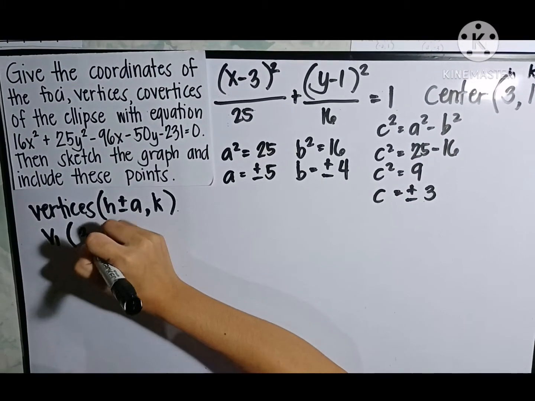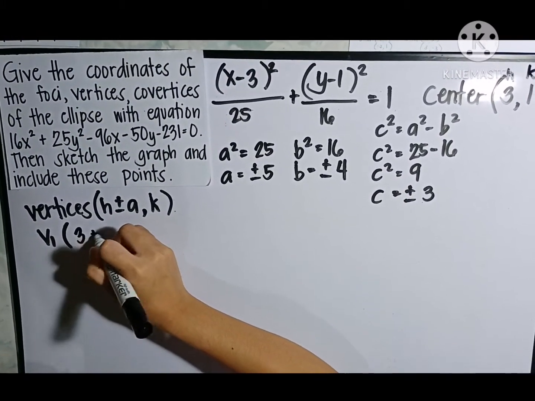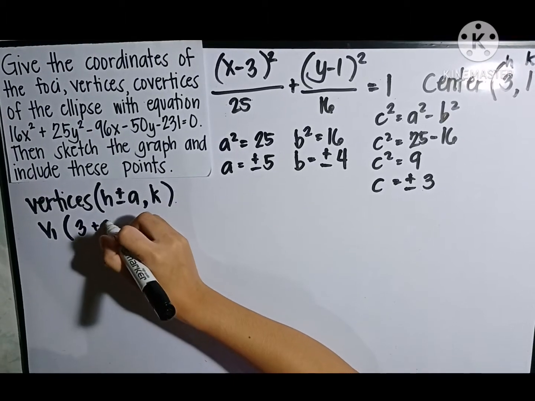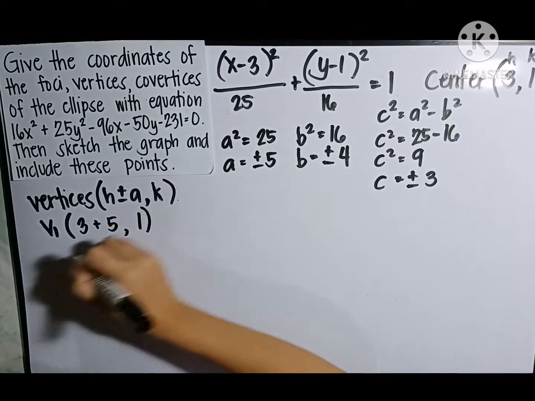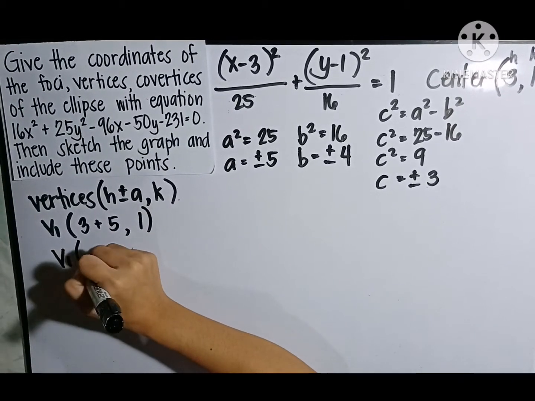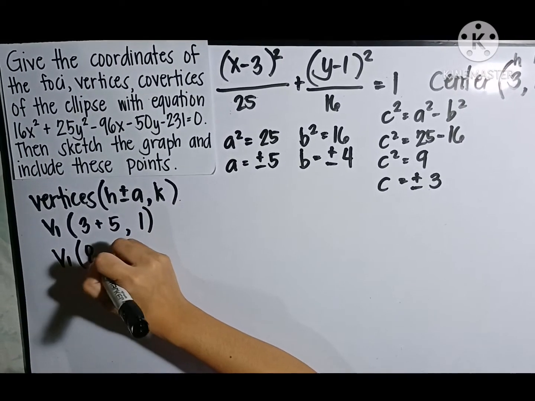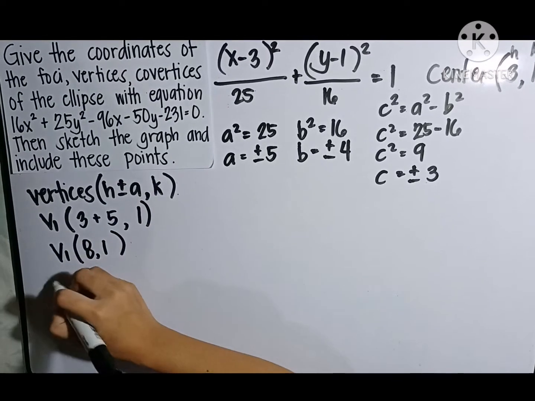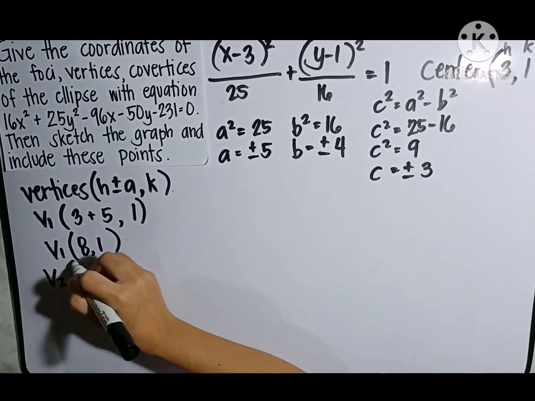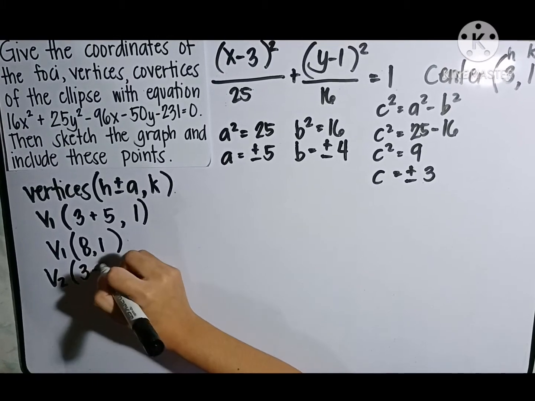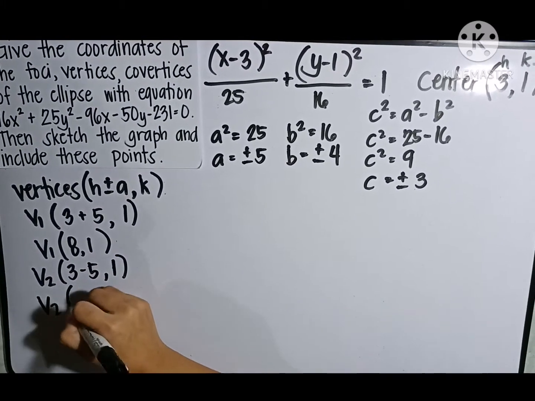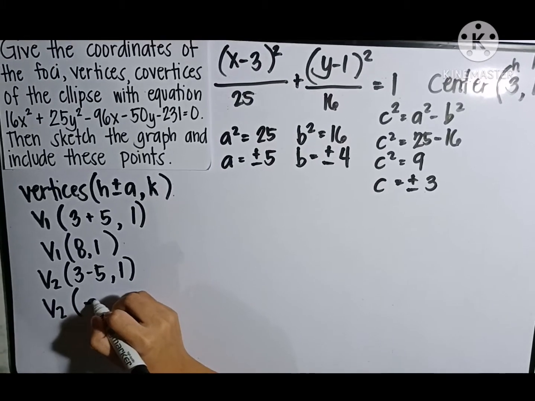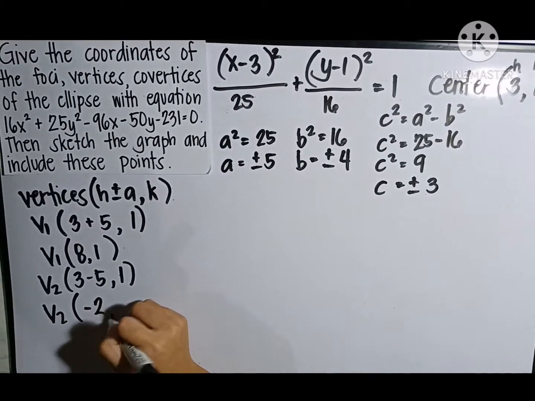The h will be 3 plus 5 and the k is 1. So our vertex 1 is 8, 1. Our vertex 2, which is 3 minus 5, 1. Vertex 2 is negative 2, 1.